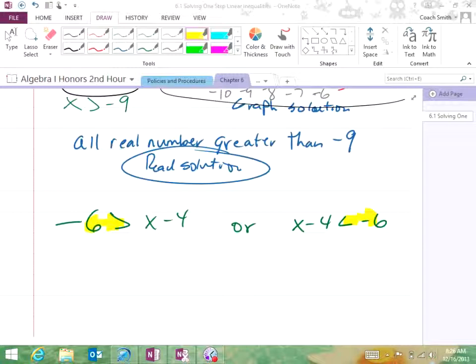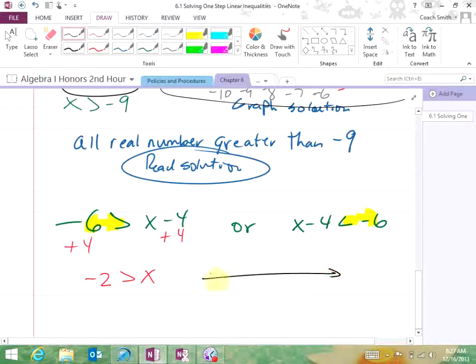Okay, now, to solve this, we have to add 4 to both sides. So what is -6 plus 4? Negative 2. Wow, I picked another one with negative 2 as the answer. Okay, so that says negative 2 is greater than x, or x is less than negative 2.